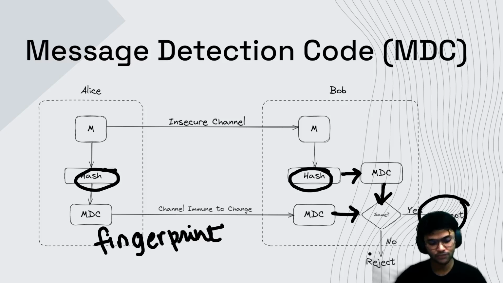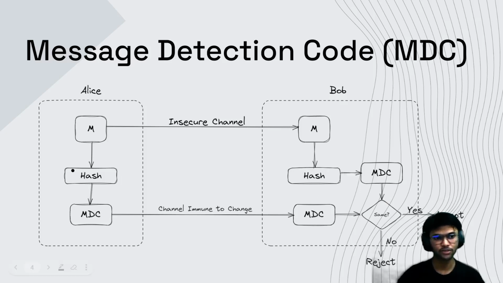A notable point over here is that the message is transferred over an insecure channel, but the MDC necessarily has to be transferred over a channel that is immune to change, or a trusted party. But what happens if the trusted party itself is compromised? Well, in such a case, Eve can intercept this message M, modify it, and let's call this modified message M dash.